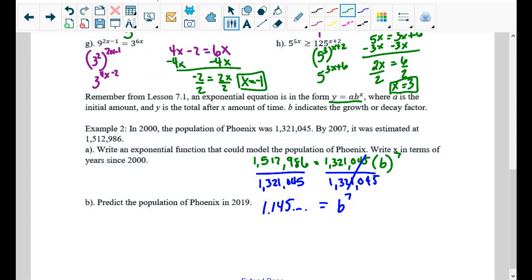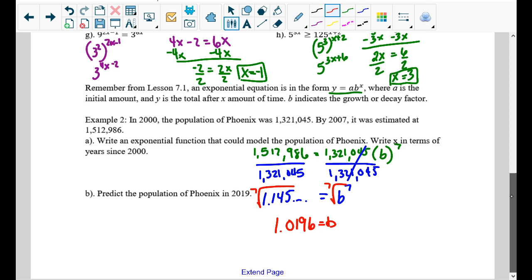Now to get rid of the power, roots and powers cancel each other out. So we're going to take the 7th root of that value. And when I calculate that, I then get 1.0196 being my B value.